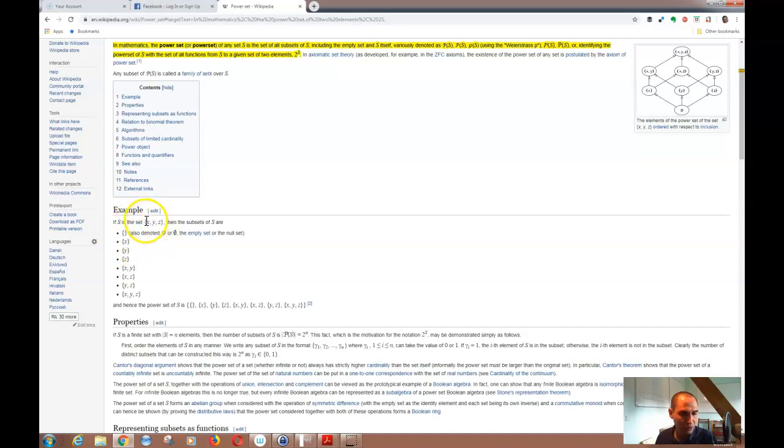Then you could have a singleton set, for example x or y or z. Or then you could take any two together, meaning xy, xz, yz.